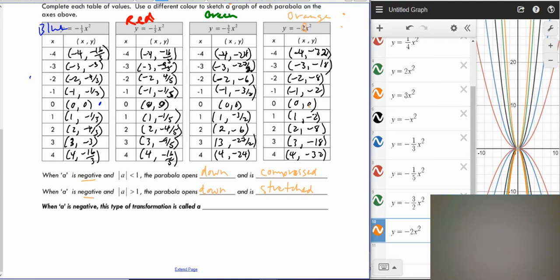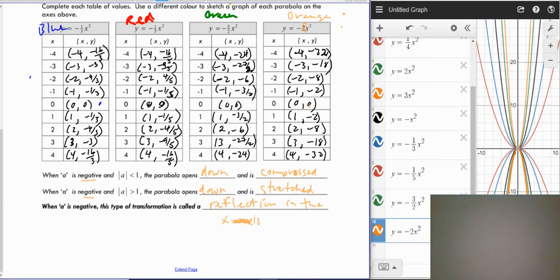Okay, so when a is negative, this type of transformation is called a reflection in the x-axis. Reflection, like a mirror, right? And it's basically flipped.